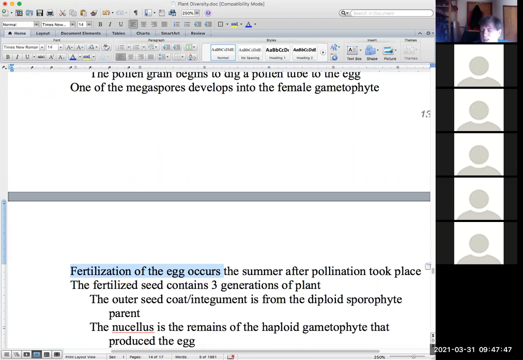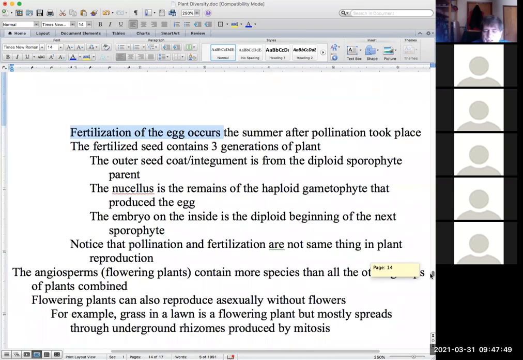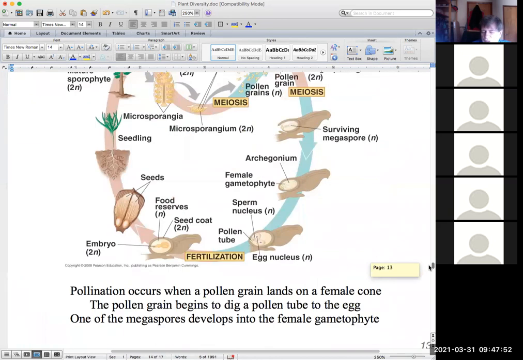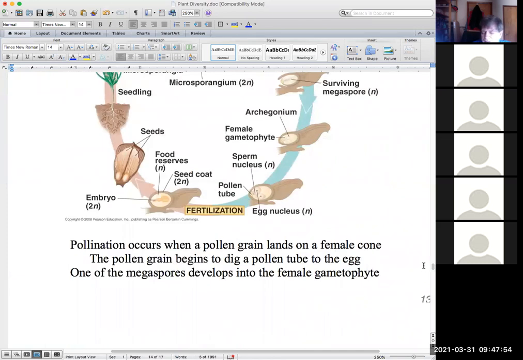So this means if we look, we actually have 3 generations of plant. If we look in the very inside, we have the embryo, which is 2N. Out around that, we have a layer that's 1N. Out around that, we have a layer that's 2N again.